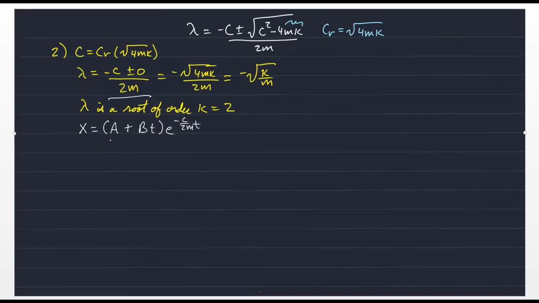So here we have a linear increase in x with t multiplied by an exponential decrease. It turns out that the linear increase is important when t is small, when the exponential part is small, but eventually the exponential part takes over. So if we sketch our solution, again we assume an initial velocity x naught prime, and location x naught.